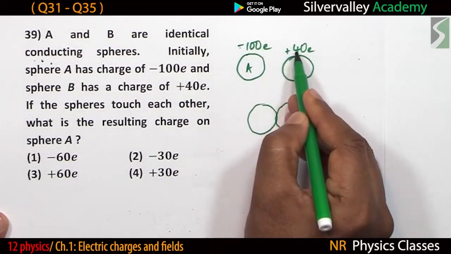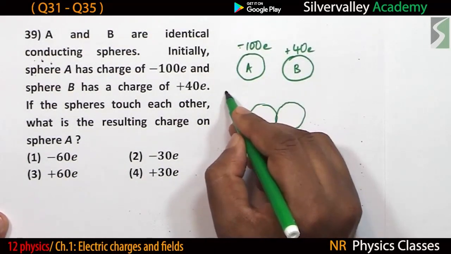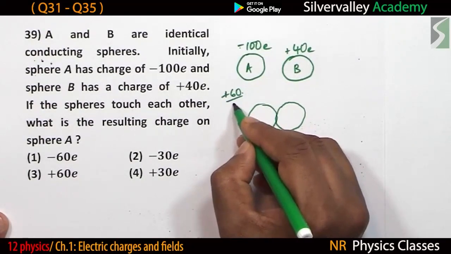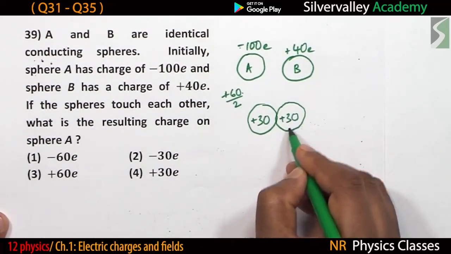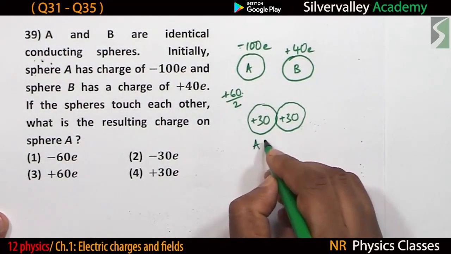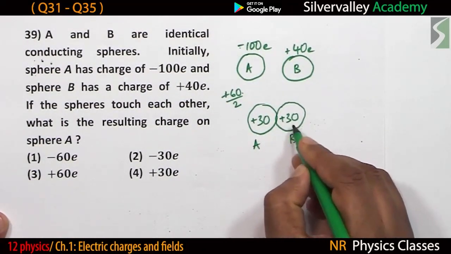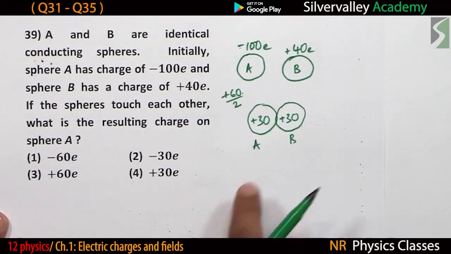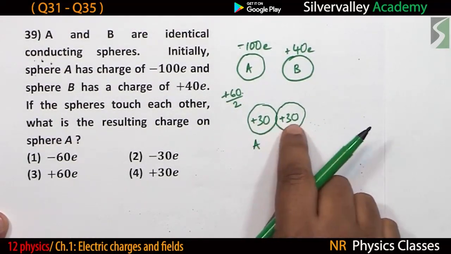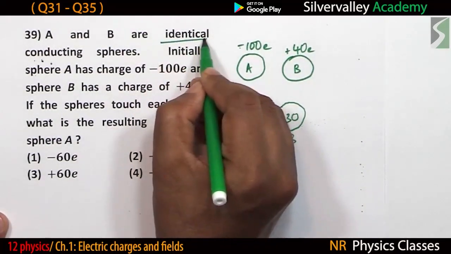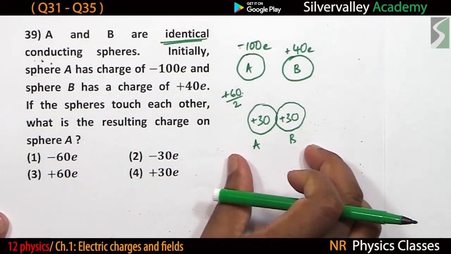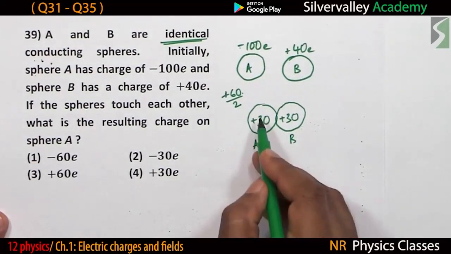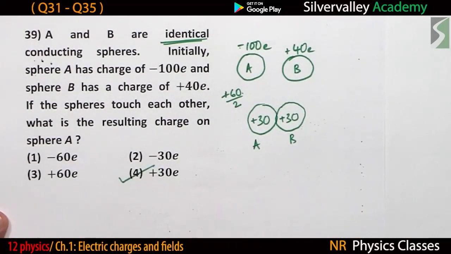Minus 100 plus 40 is minus 60. Then 60 by 2 is 30, so minus 30 here and another minus 30 here. So charge on A is minus 30, charge on B is minus 30. This share is equal since these spheres are identical. If they are not identical, then the approach is different. So minus 30 E.